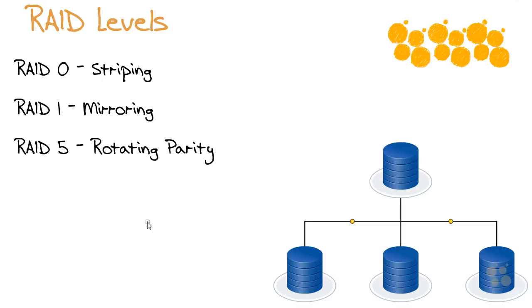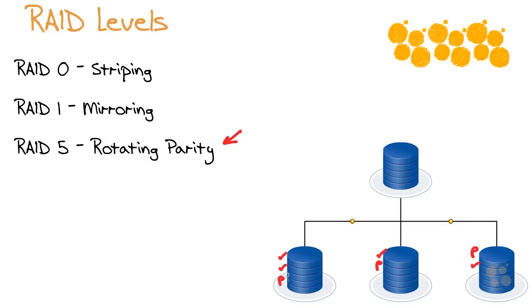RAID 5 is striping with rotating parity. Interesting. So we write some information here, a chunk right there, then a chunk right there, and then our parity information is written on disk 3, physical disk 3 in this example. Then we write some information here, striped, and then the parity is written here, and then information is written there. You get where we're going here.